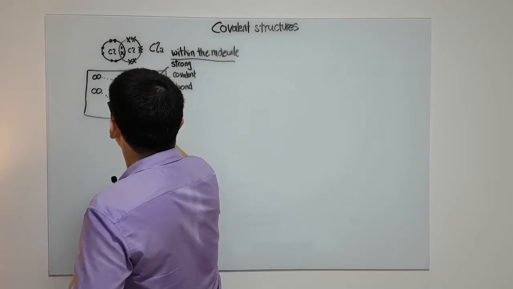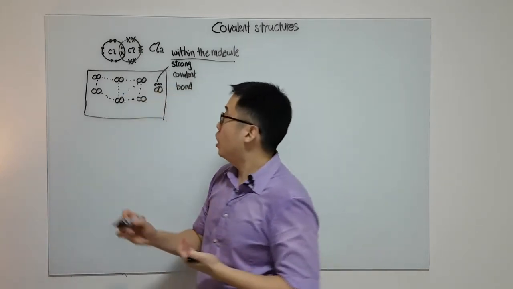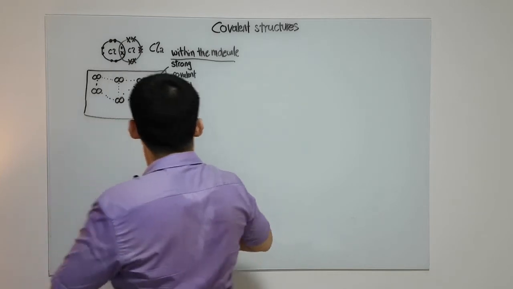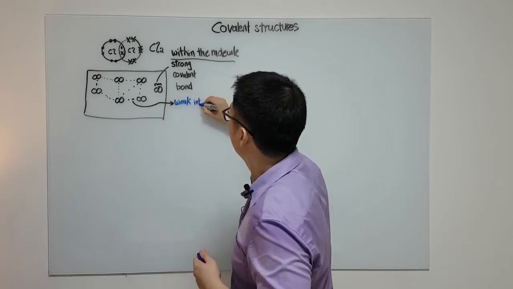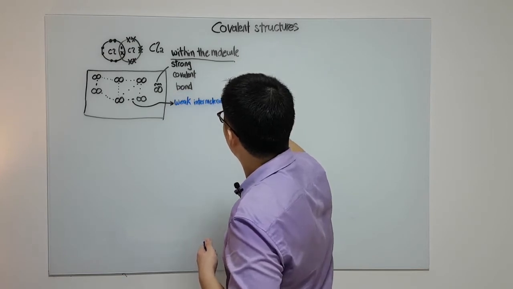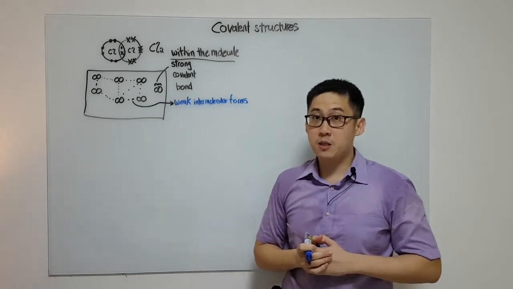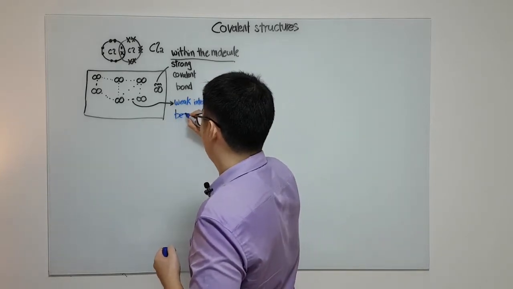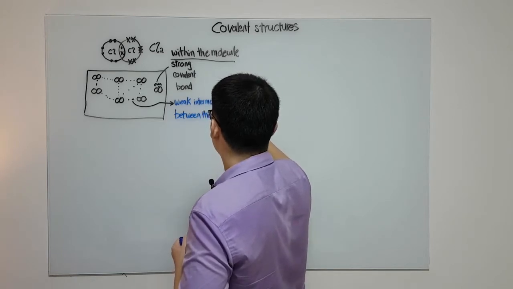Now, this dotted line represents what we call weak intermolecular forces. And these weak intermolecular forces exist between the molecules.